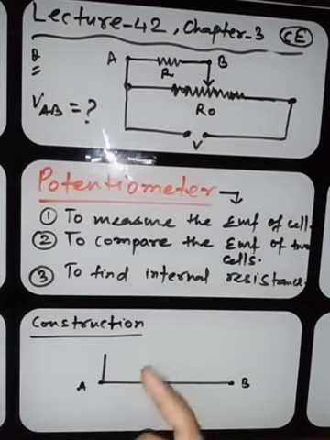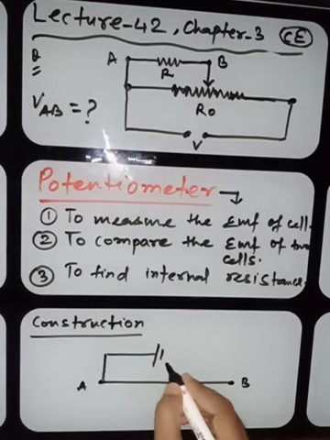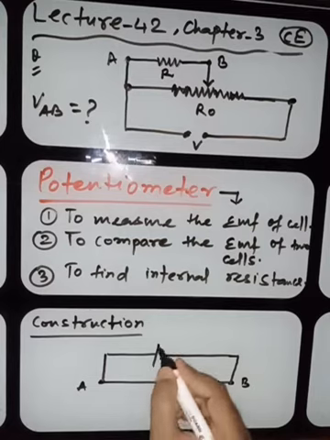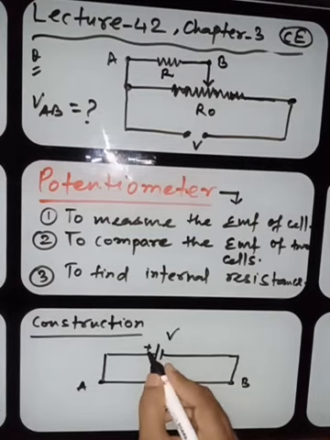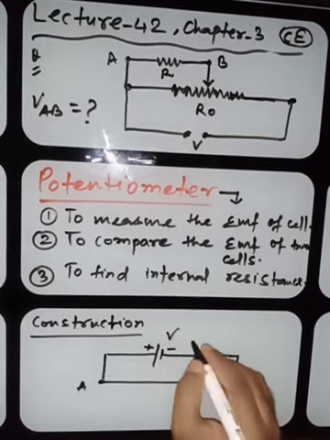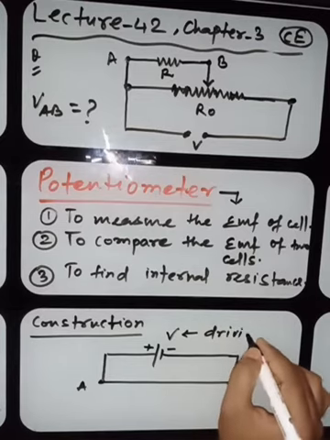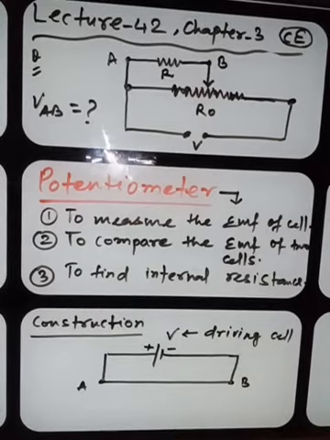It is the cell. You have to attach this cell V with the battery eliminator. This V is called the driving cell, or the driving battery.